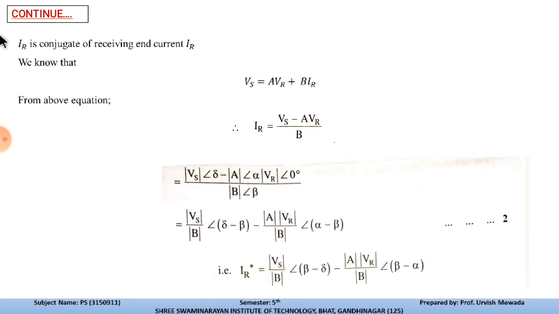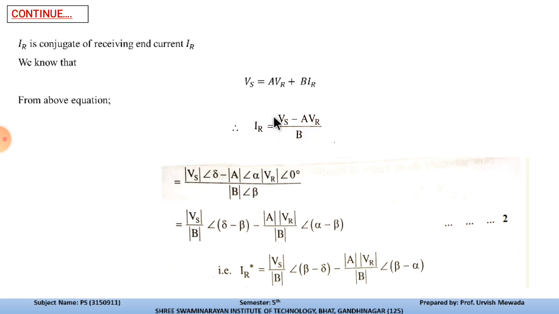Next, IR conjugate is the conjugate of the receiving end current IR. From the ABCD parameters, the sending end voltage equation is VS equal to A VR plus B IR. If we make IR the subject, then IR is equal to (VS minus A VR) by B.